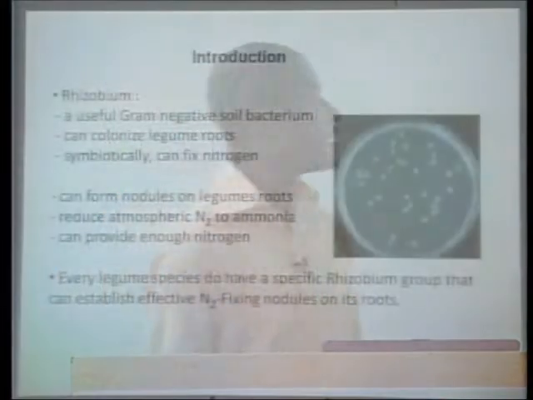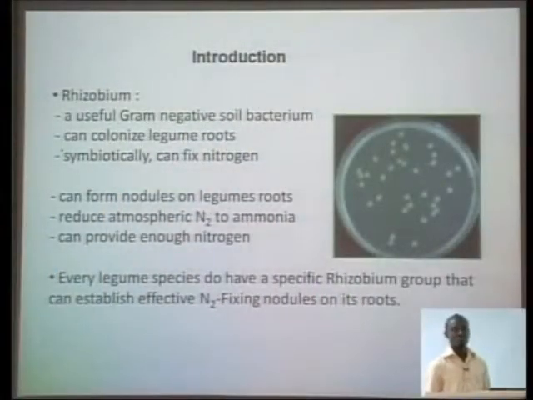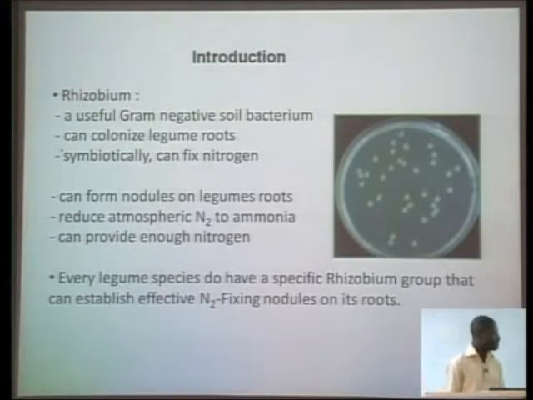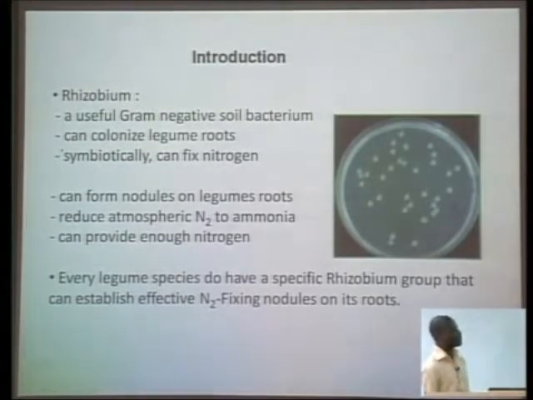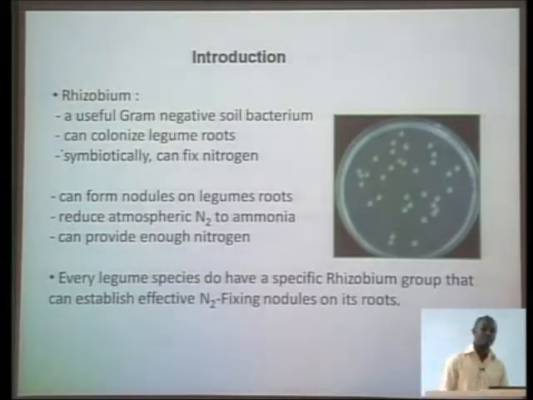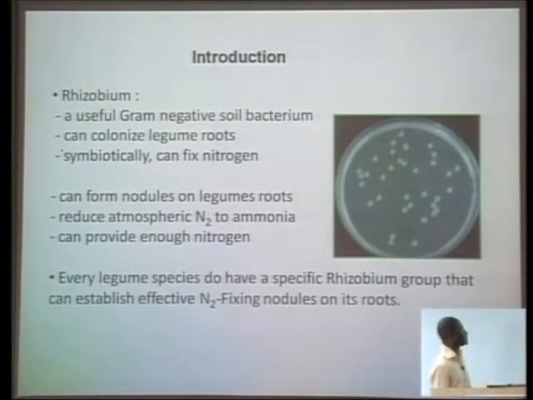Rhizobium is a useful gram-negative soil bacteria that can colonize a legume's roots and symbiotically fix nitrogen. Rhizobium can form nodules on legume's roots and reduce atmospheric nitrogen to ammonia, which can be utilized by its host.